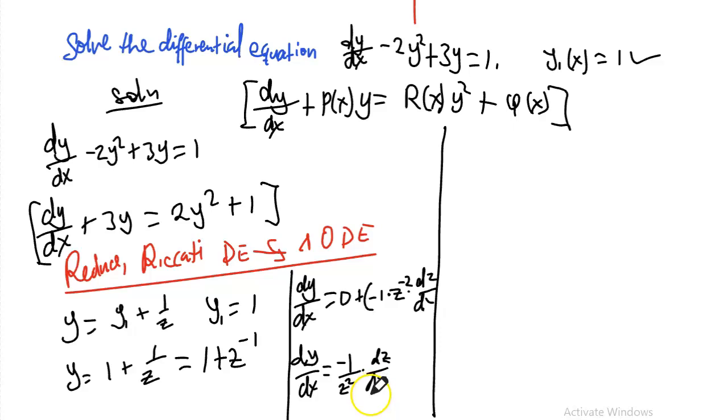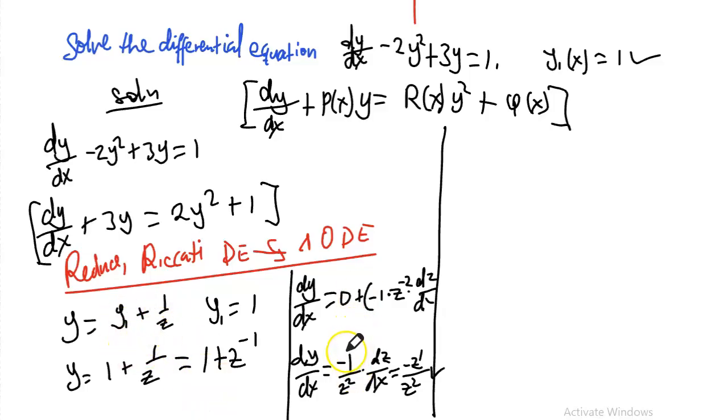And what is dz over dx? If I multiply by negative 1, it is simply going to give me negative z. I can still put it here. You have negative z prime, so this is negative z prime over z squared. So this is our differentiation of 1 plus 1 over z.